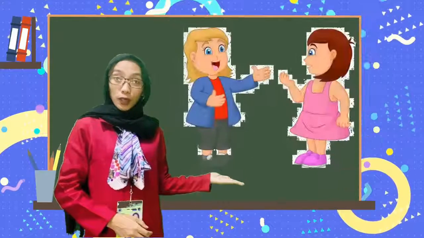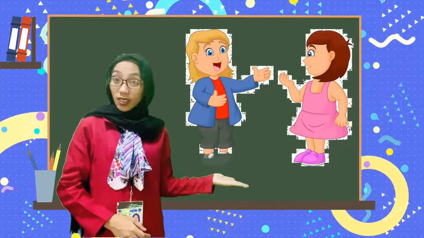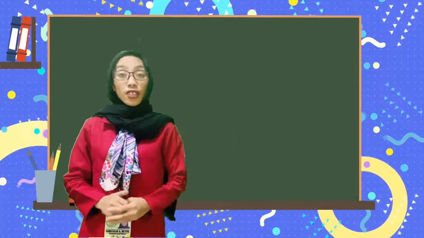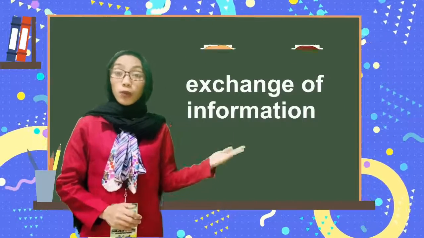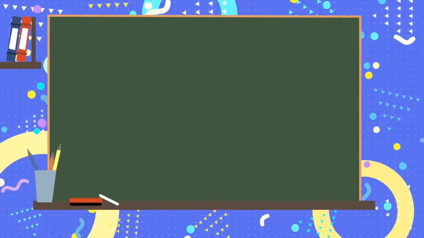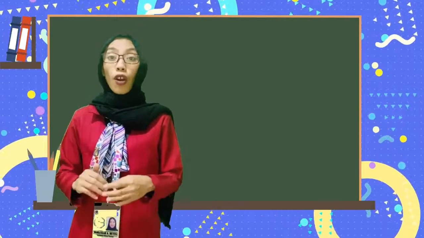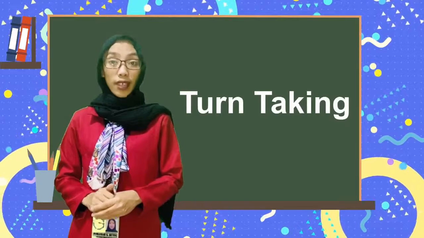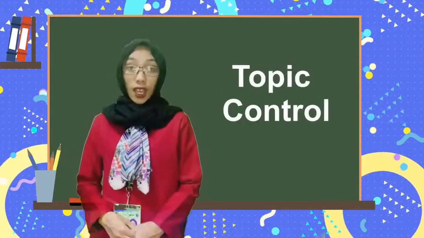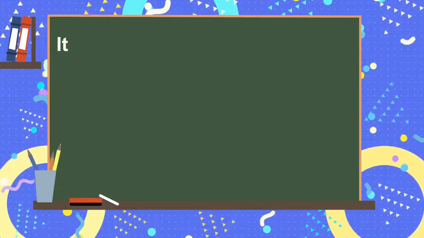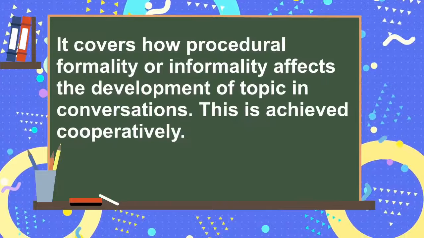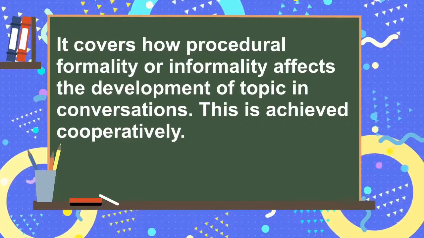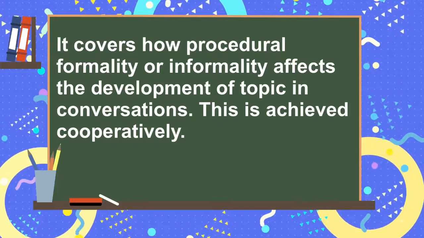Try to look at this picture. What have you noticed? Okay, very good. There is an exchange of information between these people. And that is an example of the type of communicative strategies which is called turn-taking. The fourth type is the topic control. It covers how procedural formality or informality affects the development of topic in conversations.